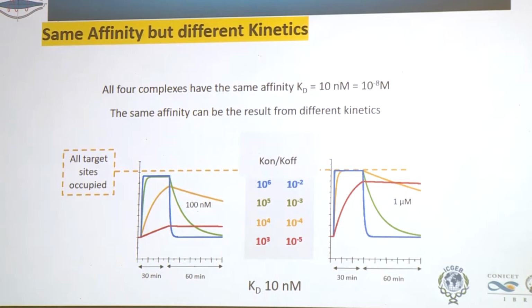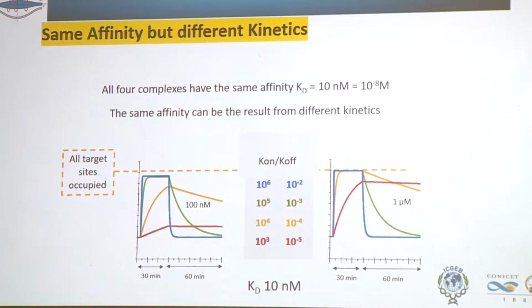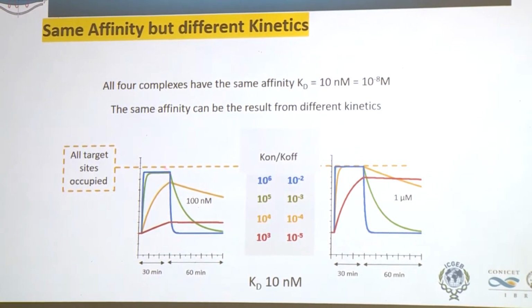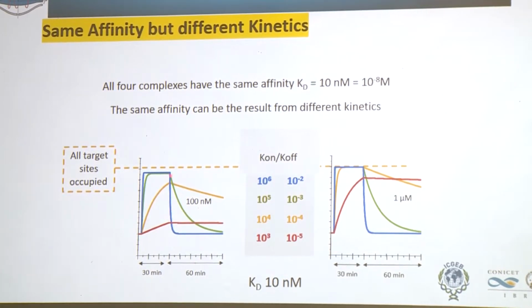For the same Kd, you can have different K-on and K-off. That means that in the case of the blue complex, you have a quick formation of the complex and a completely fast disruption of the complex.